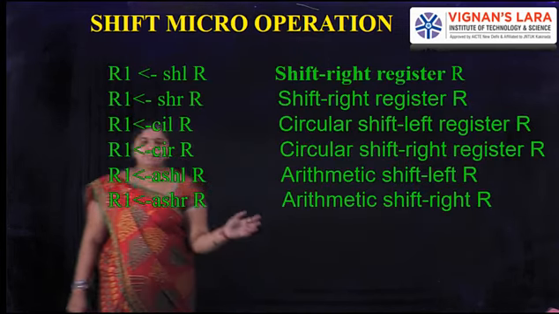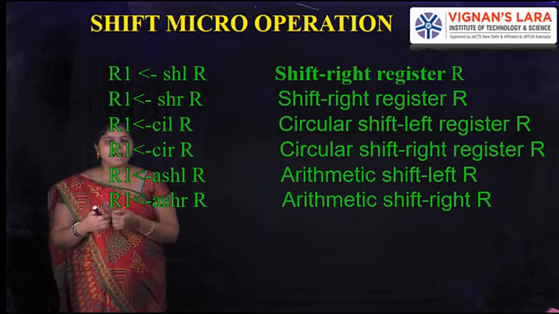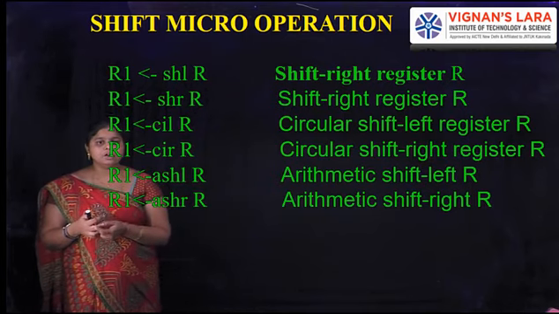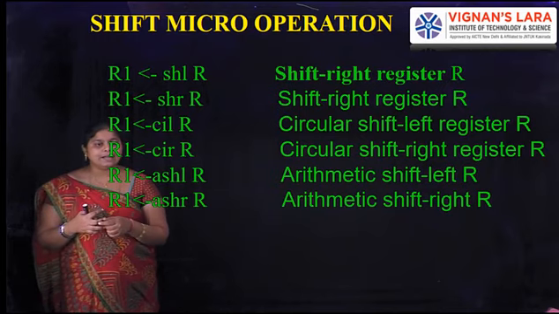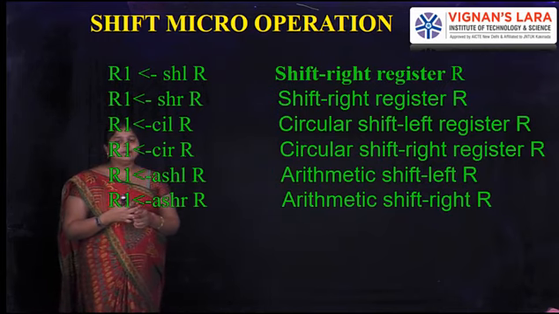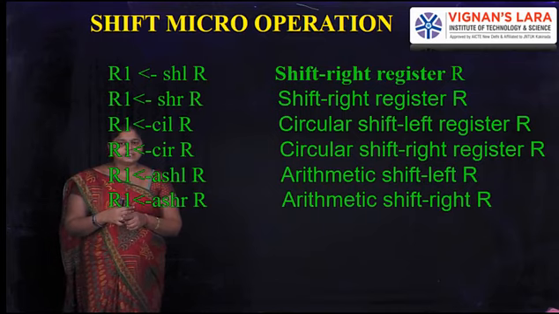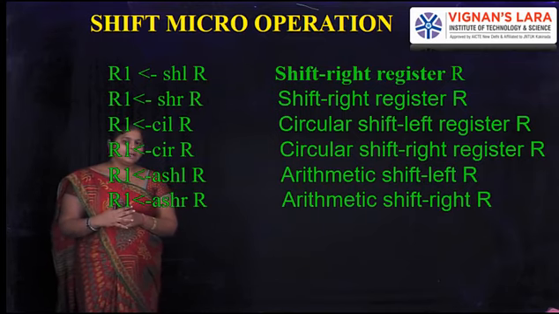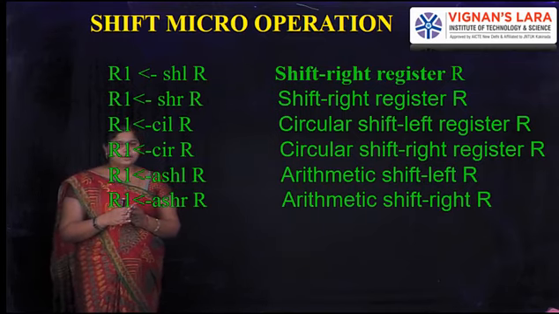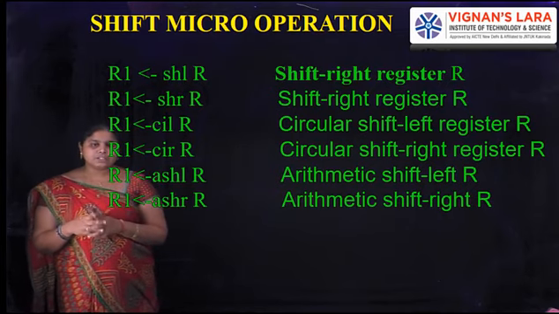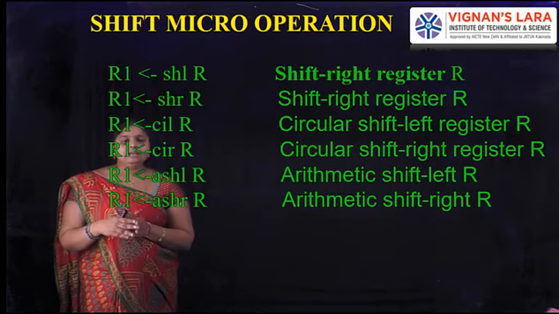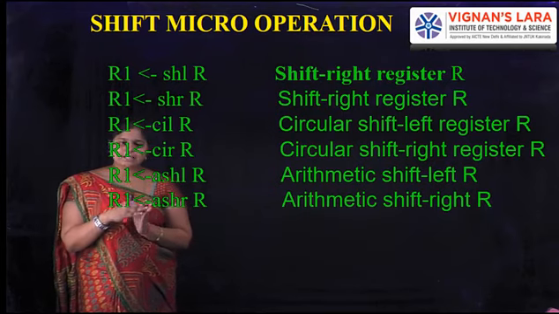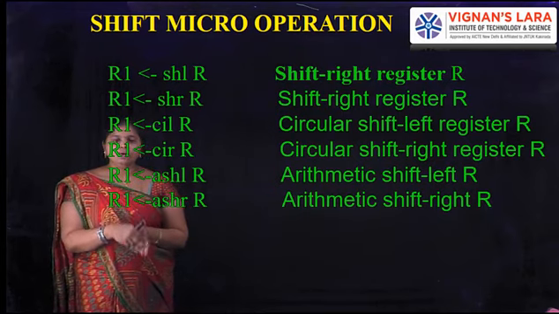Okay, this is a table for shift micro operations. We have 3 types of shift micro operation: logical shift, circular shift and arithmetic shift micro operation. In all of them we take the R1 register. First, the information in R is transferred to R1 with SHL or SHR.